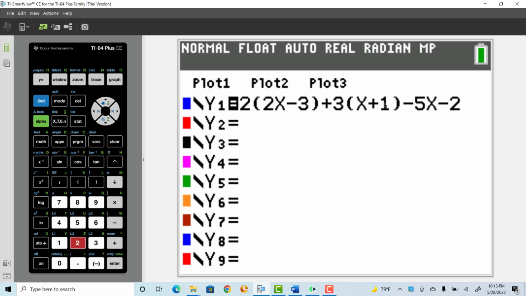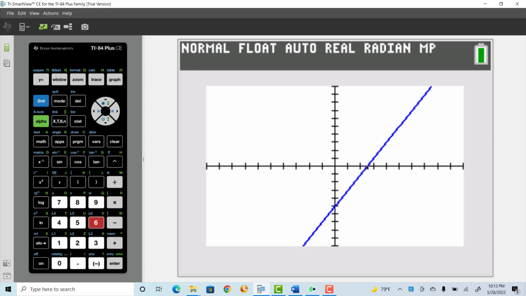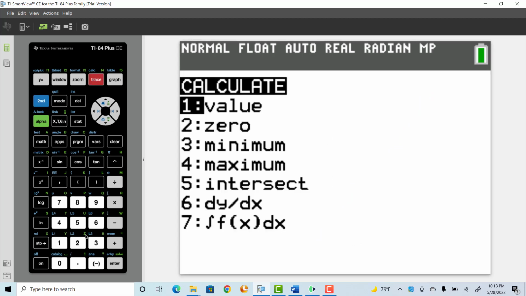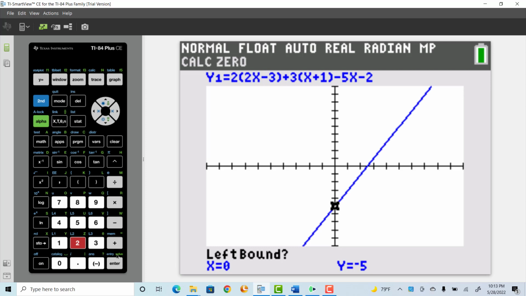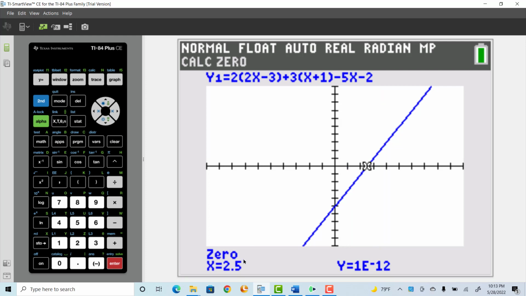This whole thing has to equal 0, which means when I graph it, I'm looking to see where it crosses the x-axis. Well, it crosses the x-axis at 2.5. Now, if I do a calculate 0, okay, I'm going to do a calculate 0. There you have 2.5.